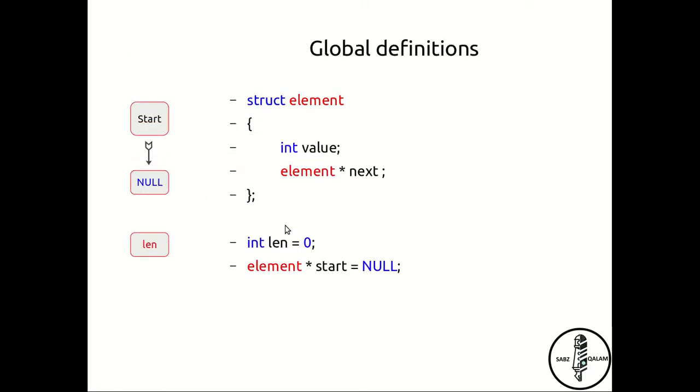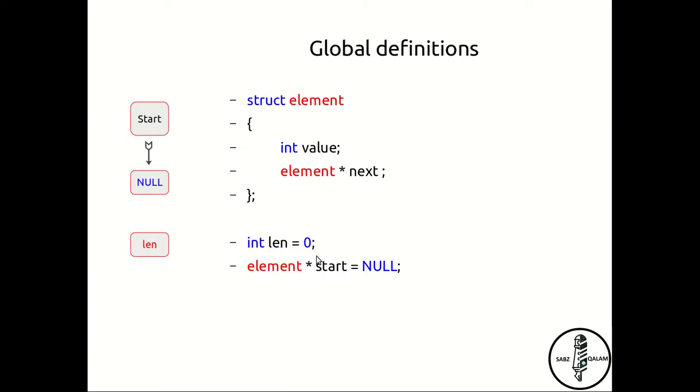Any particular element of the linked list, we are defining it using a structure. So a structure element contains a value and a pointer that can point to the next element. We have two global variables which are very useful. One is the length, right? Because we are deleting, so it helps to have length as a global variable. Whenever you delete a particular element of the list, you can just decrease it by one.